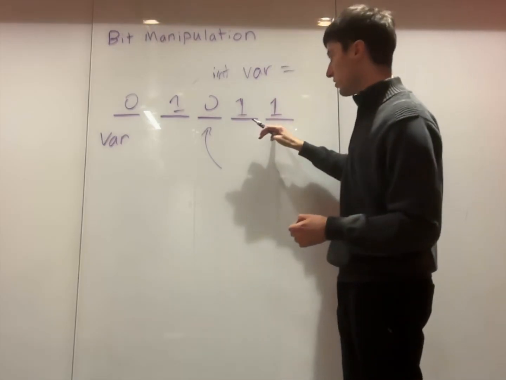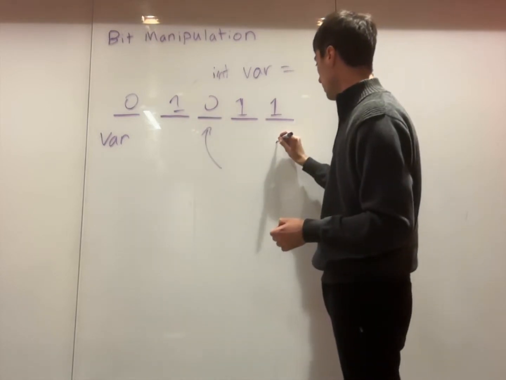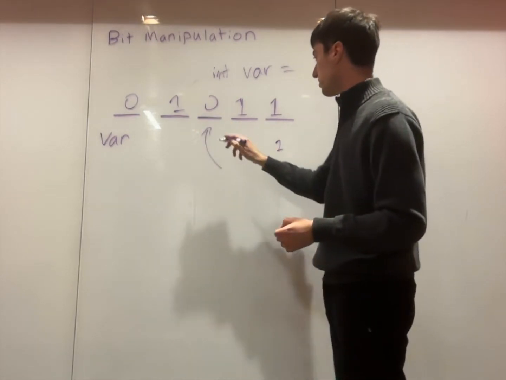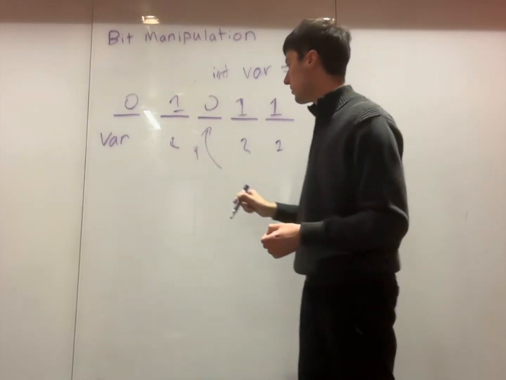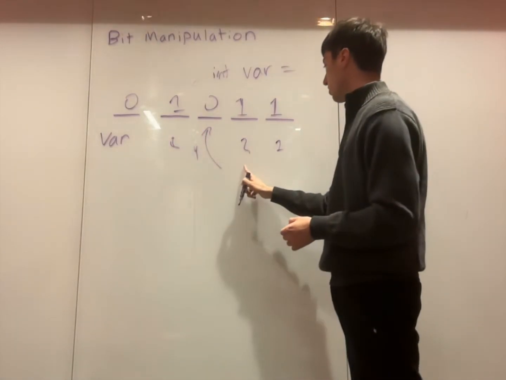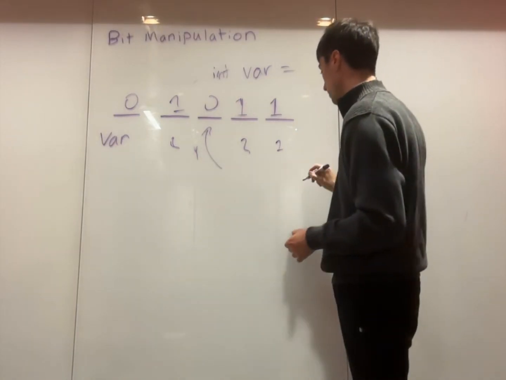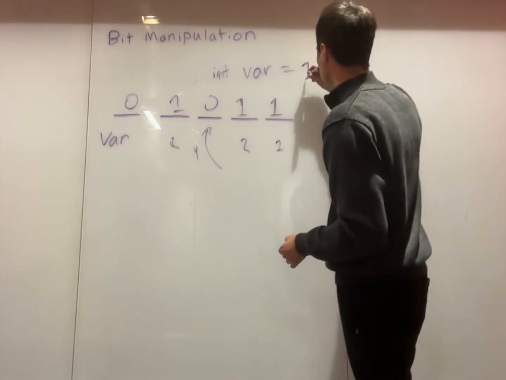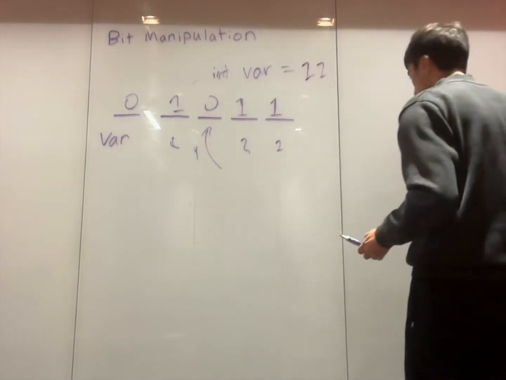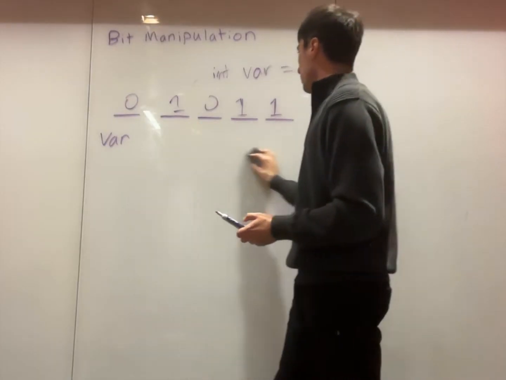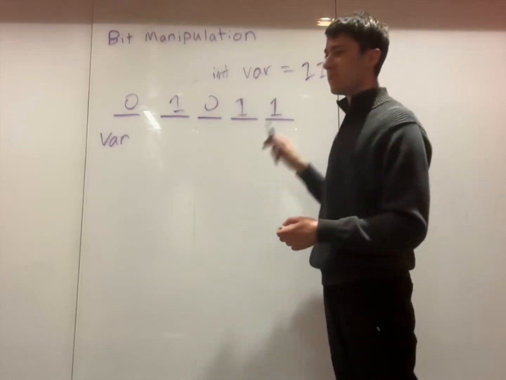This is going to be the 1's place, this is the 2's place, this is the 4, so I'll just put a little, the 1 place, 2 place, this one is the 4th, and this is 8. So we have 8 plus 2 plus 1, right? So 8 plus 2, 10 plus 1. So this number right here is integer 11.